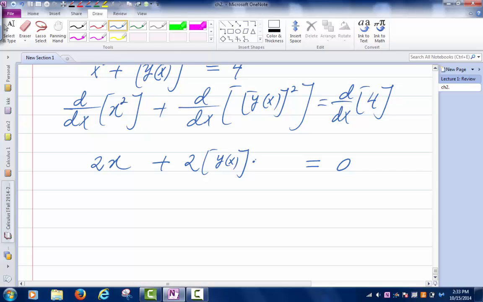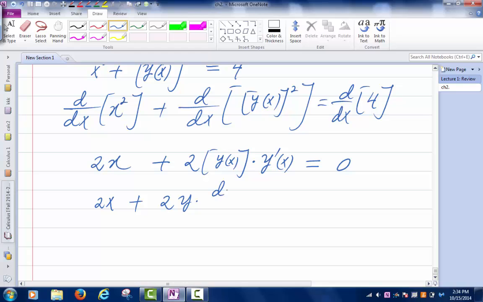But by chain rule, you would have to multiply by the derivative of the quantity that you wished was x, right? So this would be y prime of x. So I'm applying the chain rule. The derivative of y squared would be 2y times the derivative of y with respect to x. So this is 2x plus 2 times y times y prime of x.